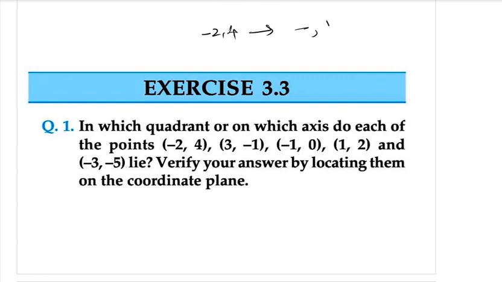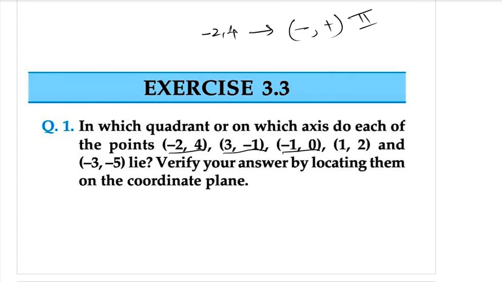And minus comma plus is the sign convention of which quadrant? It is the sign convention of the second quadrant. So this point will lie in the second quadrant. What about (3, -1)? Plus, minus. It will lie in the fourth quadrant, right?